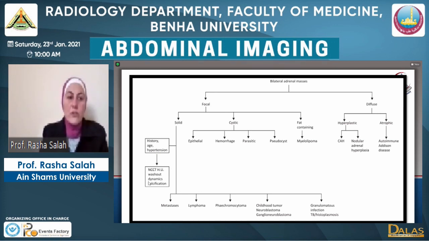And then we refer to the washout dynamics and the calcification to classify metastases, lymphoma, pheochromocytoma, and infections. And lastly, this could occur as cystic lesions, and these are the differentials of cystic lesions. Rarely we see a cyst; we just see cysts after hemorrhage, and this was resolving hemorrhagic changes from previous adrenal hemorrhage. Thank you.